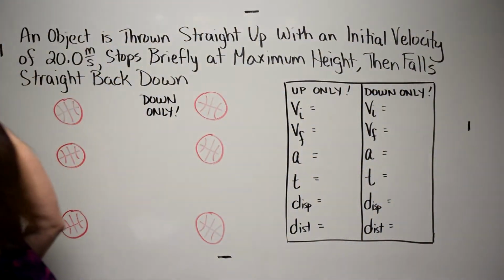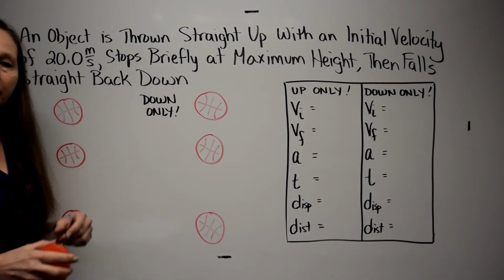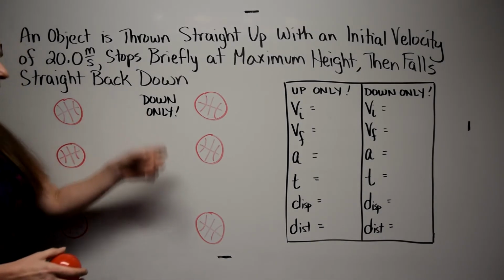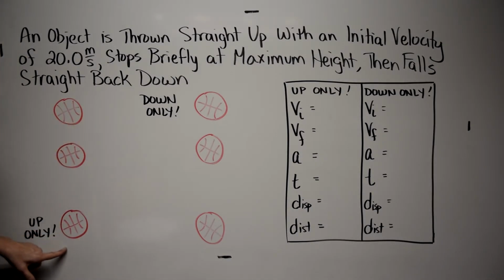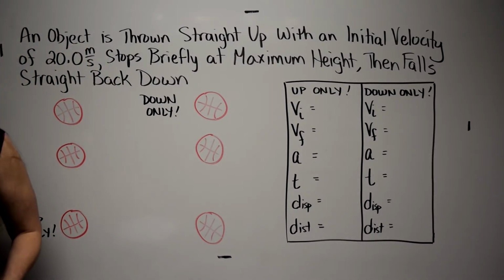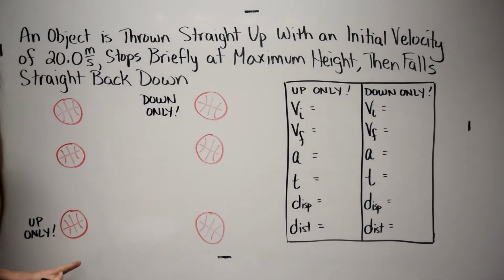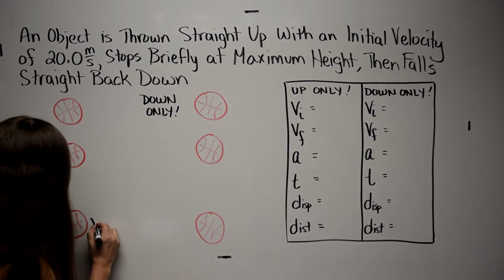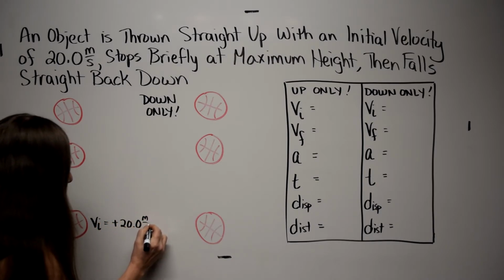What we're going to do this time is instead of analyzing the entire procedure from beginning to end, we're going to look at just up. The object starts here with an initial velocity, V initial, of positive 20 meters per second.